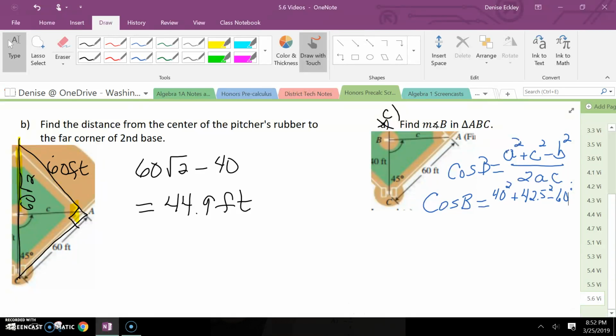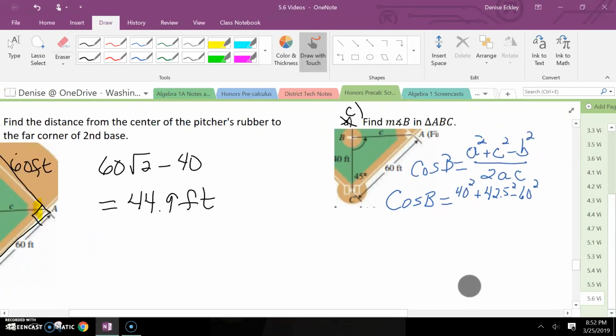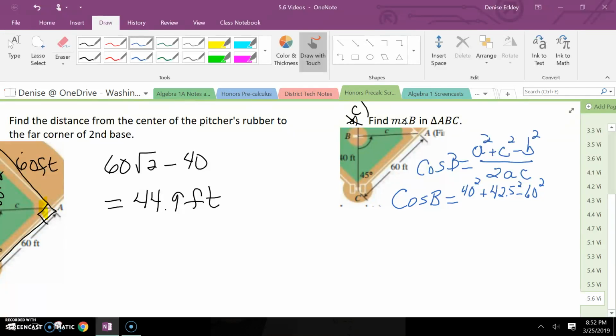So you can see that. Move this over a little. There we go. And that's all divided by 2 times 40 times 42.5.